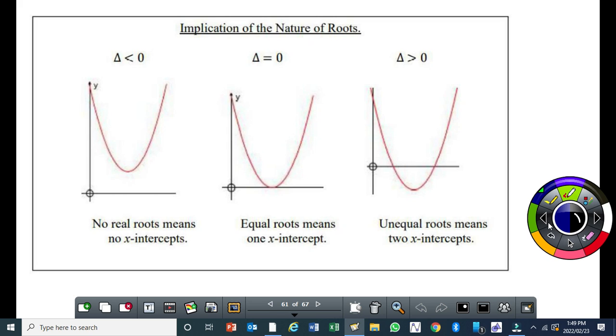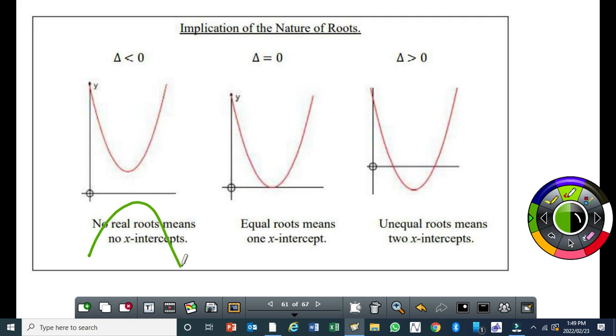The second case I'm talking about is this: the turning point is below the x-axis. If the turning point is above the x-axis or below the x-axis, like this, these two scenarios mean that you won't have real roots.